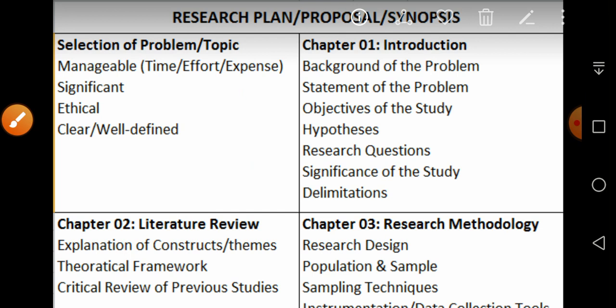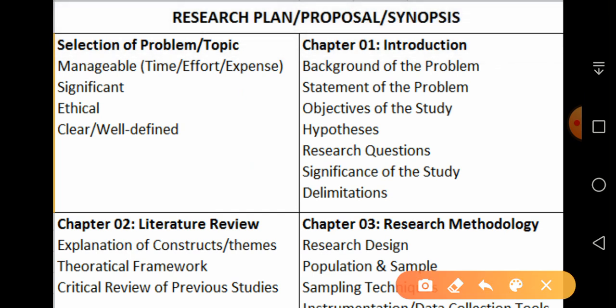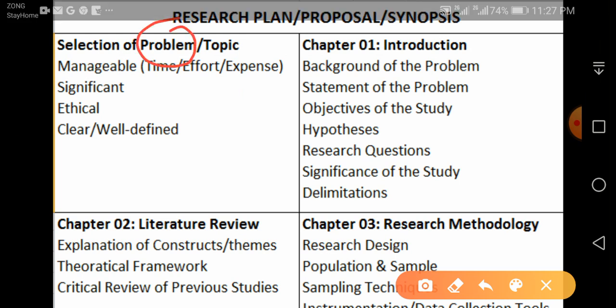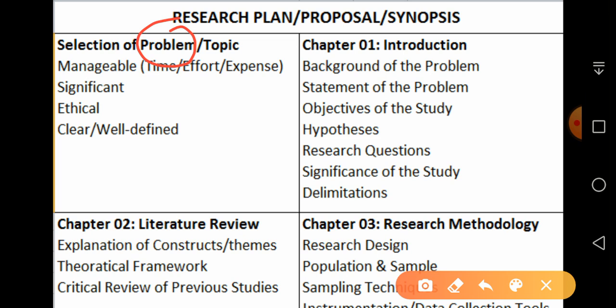So let's say in an educational environment there is such a gap. This gap is known as the problem, and you have to find the solution. This solution is known as your research.